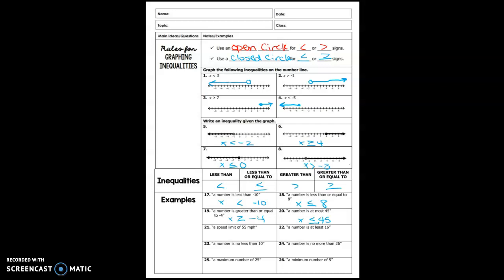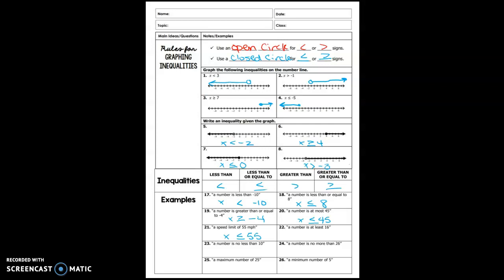Same thing with 21. A speed limit of 55 miles per hour means we can have any speed less than or equal to 55, but we can't exceed 55. Then 22, a number is at least 16.